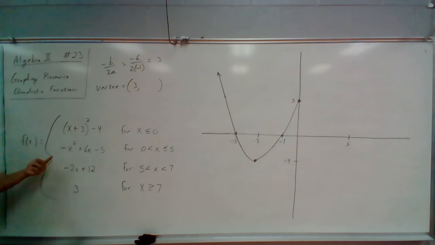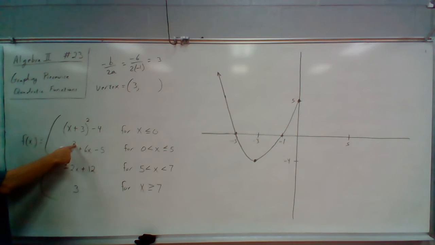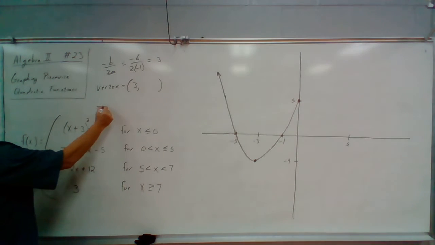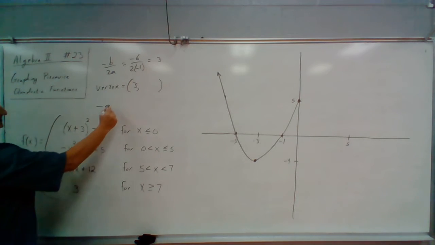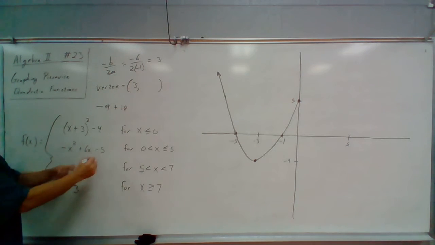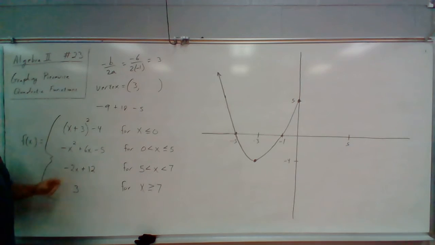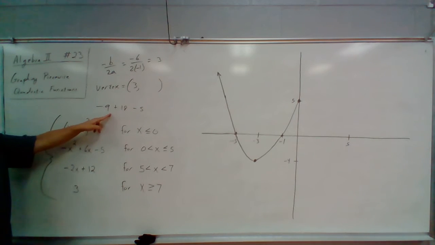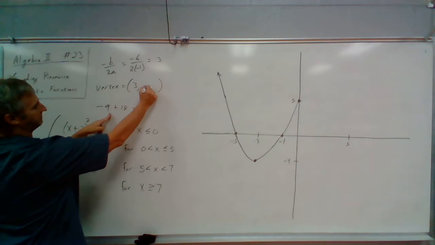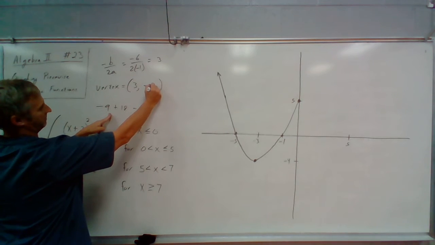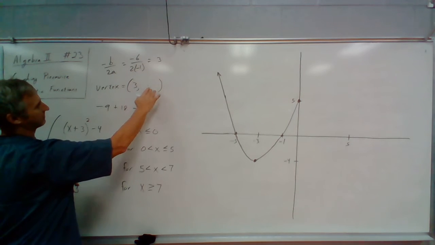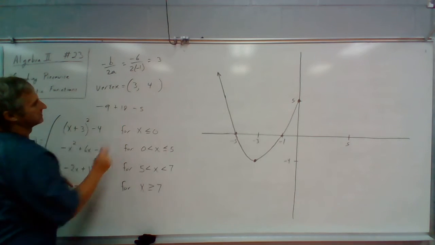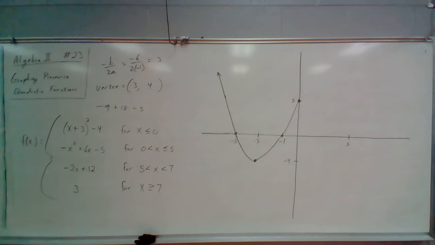Well, I plug 3 into the function. So 3 squared is 9, then that would be negative 9. Plus 6 times 3 is 18. Plus 18. Minus 5. 18 minus 9 is 9. 9 minus 5 is negative... No, I'm sorry. 18 minus 9 is 9. 9 minus 5 is 4. So the vertex is at (3, 4).